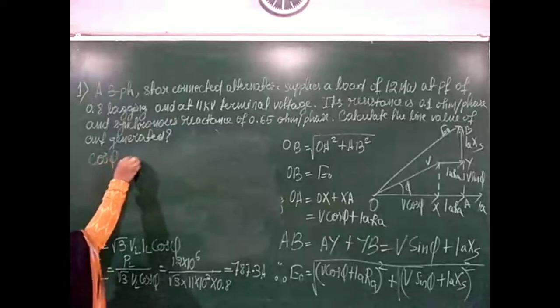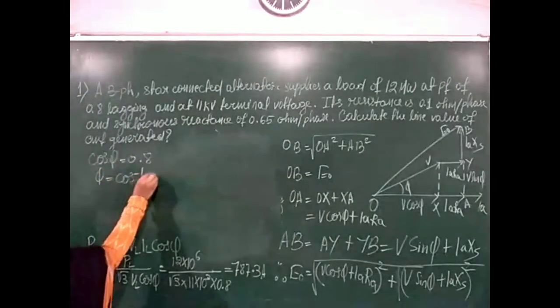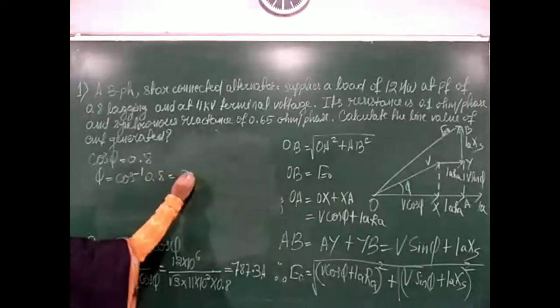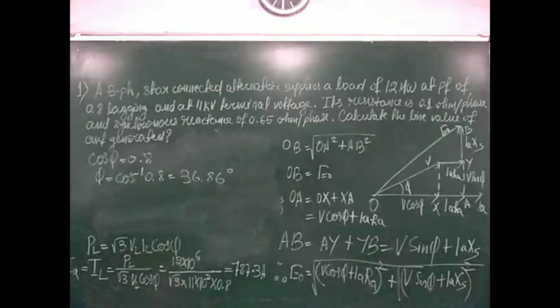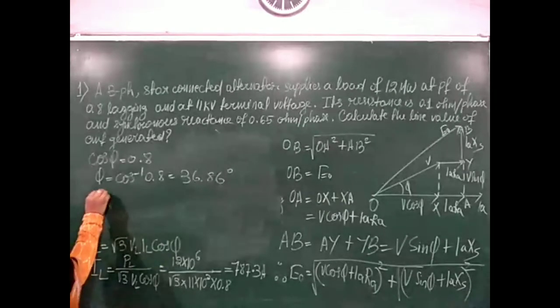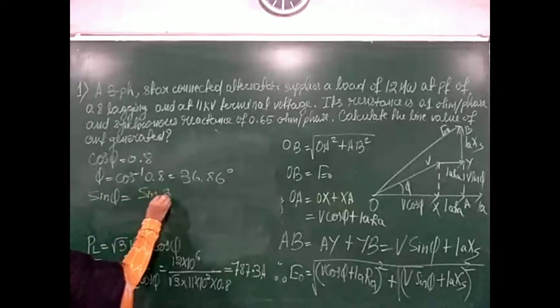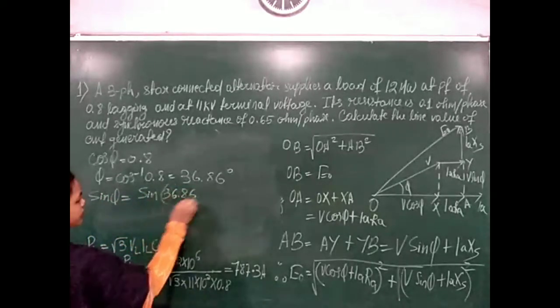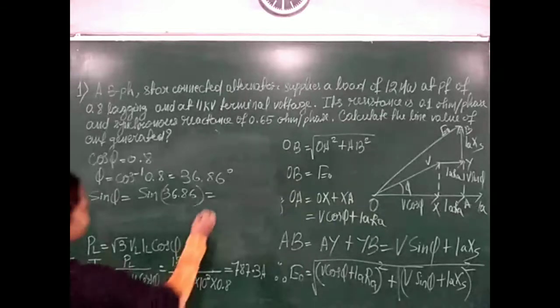Cos phi is 0.8, so phi is equal to cos inverse of 0.8, which is 36.86 degree. So sin phi is equal to sin 36.86, and you get the value as 0.59.